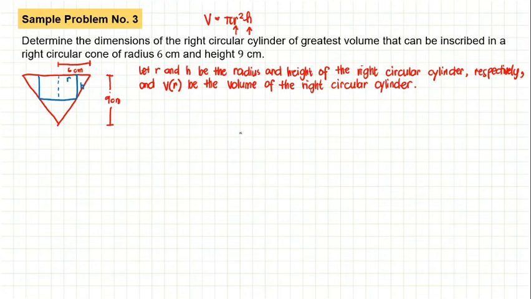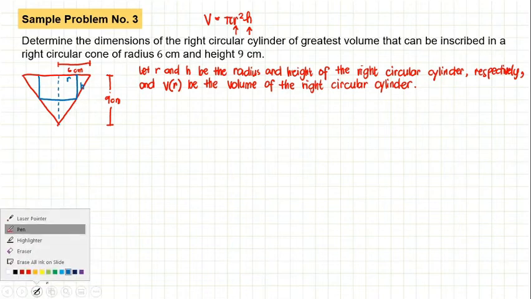So from that, now looking at the cross section or the central cross section of the cylinder and the cone, we can actually see two similar triangles. So ano ba yung mga triangles na yon? So tingnan natin itong central cross section niya, makakakuha tayo ng dalawang similar triangles. The first one ay ito.